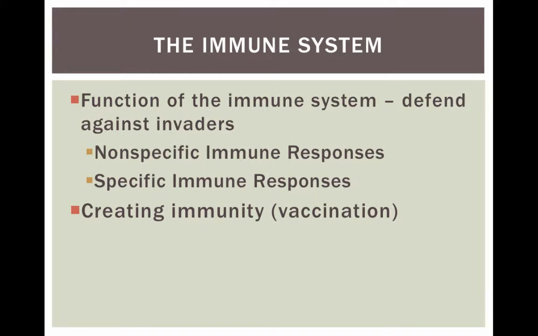So these will be our T cells and B cells that'll be specific to whatever invader I'm having. I have these specific T cells and I send them to fight this infection.